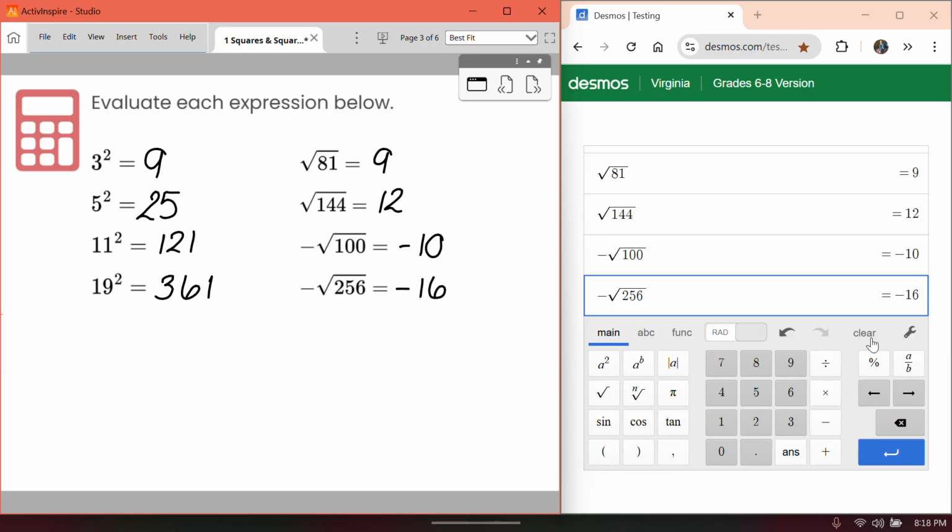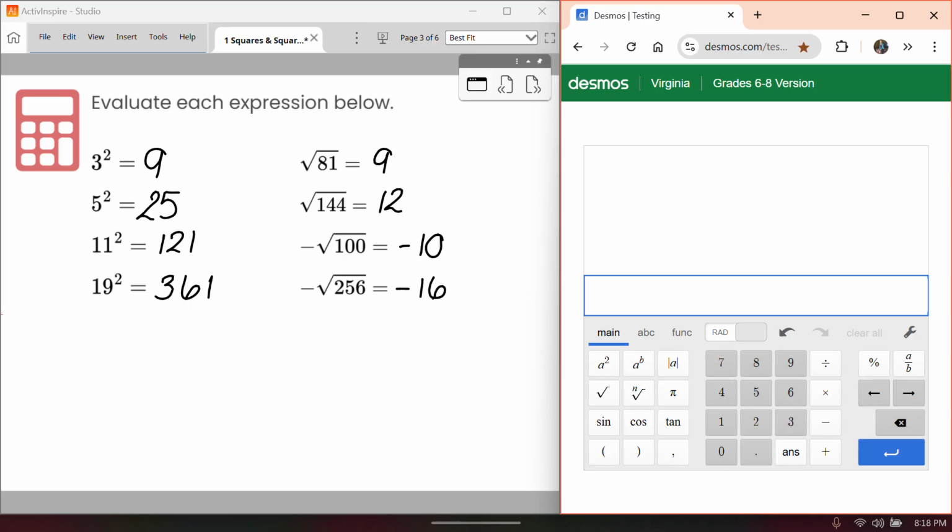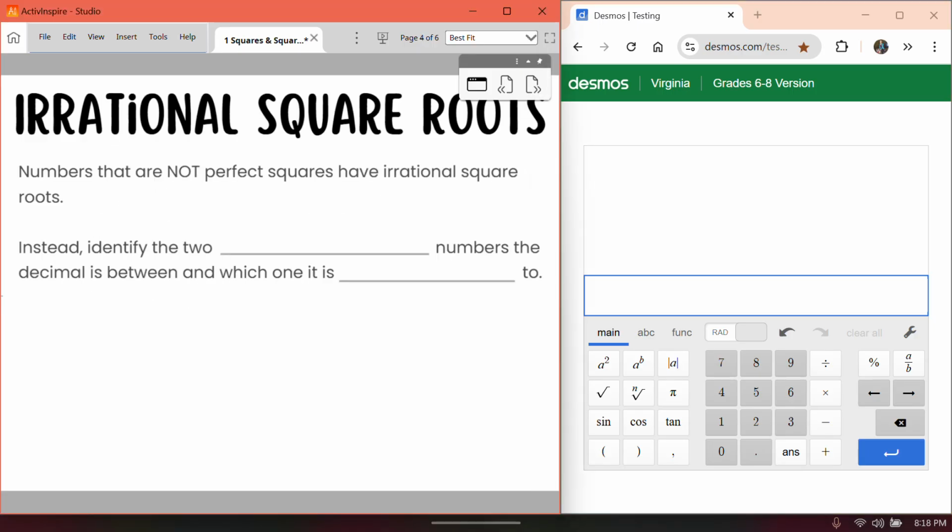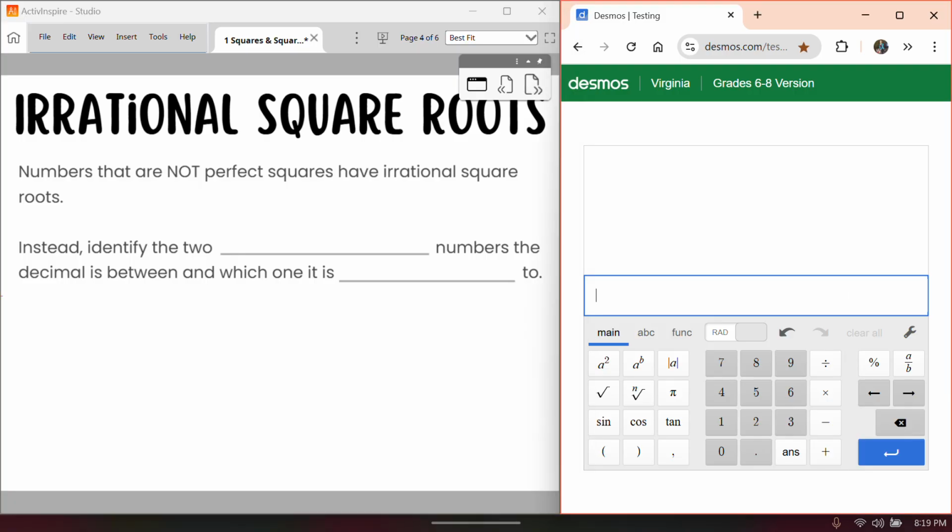We are almost done. There is one last thing that we do with square roots in 8th grade, and I've got a couple examples of that. So let's look at what happens when a square root isn't pretty. If you've already learned what irrational numbers are, amazing. This is just saying that some numbers are not perfect squares, and so their square roots are irrational. But if you don't know what the word irrational means yet, don't worry about it.